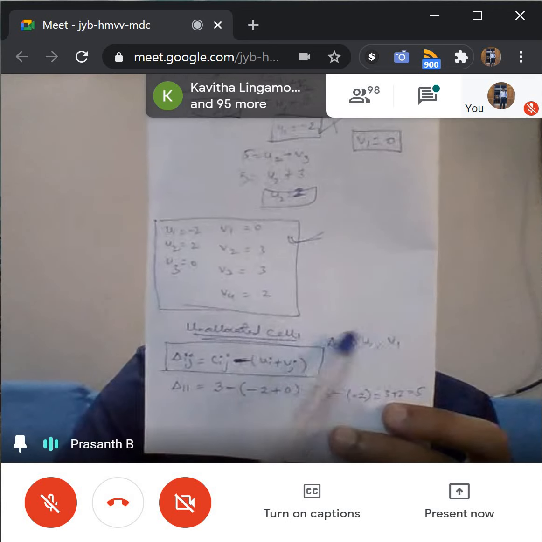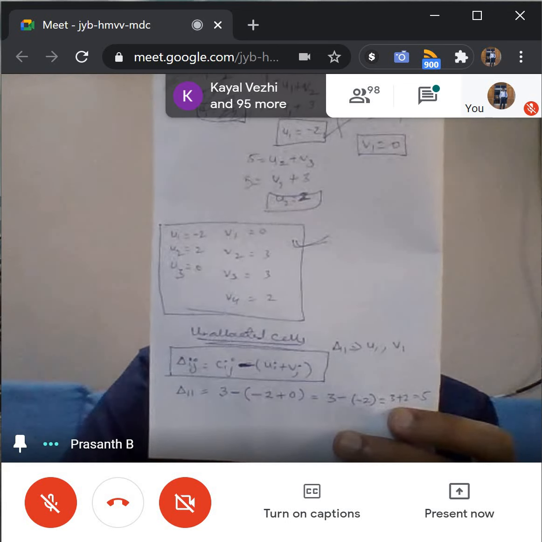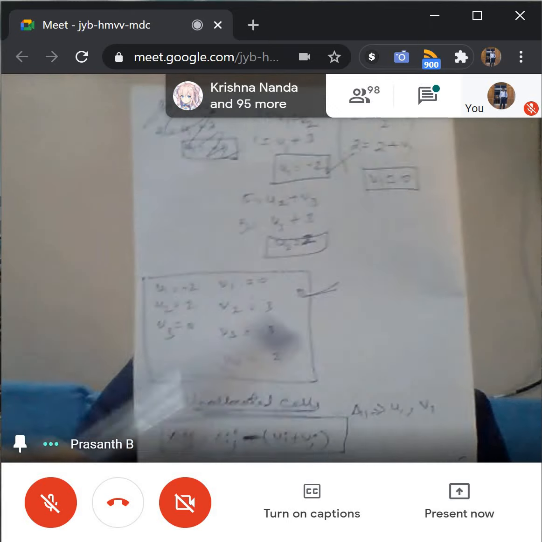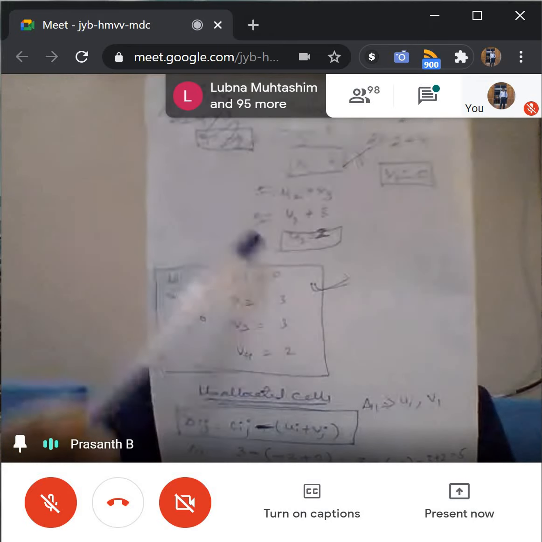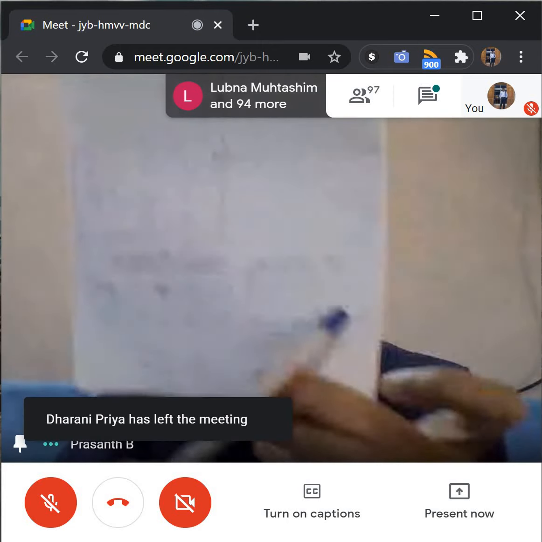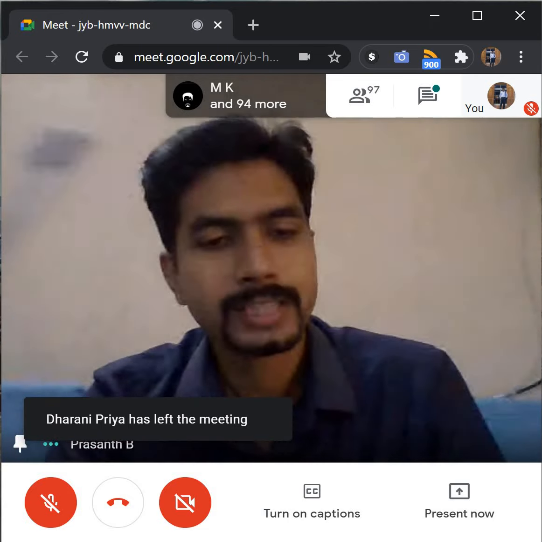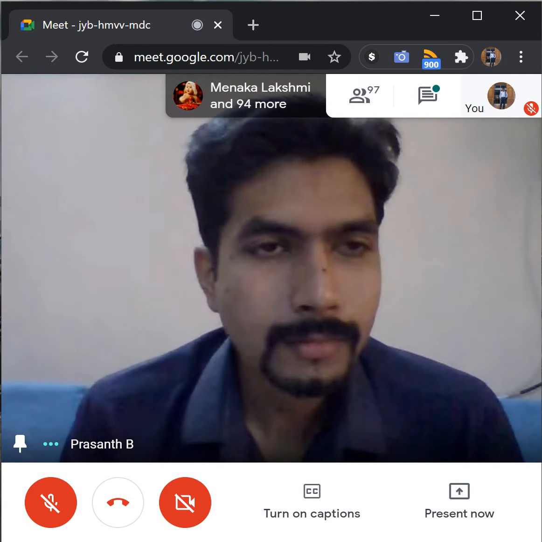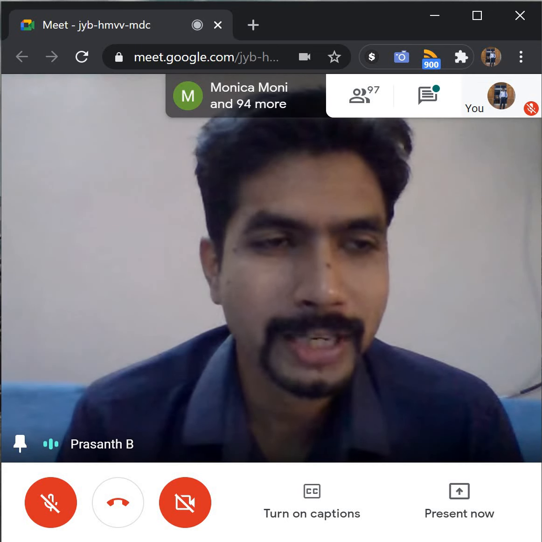I and j are the place values. So for 1 1, it will be u1 and v1. Substitute that here. So it is 3 minus of minus 2. So it will be 3 plus 2, that is 5. Correct?